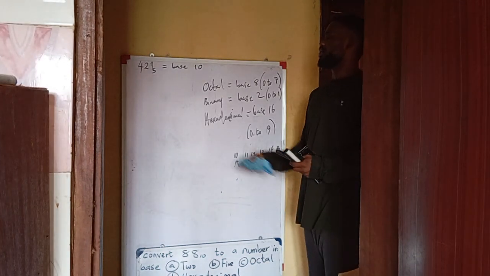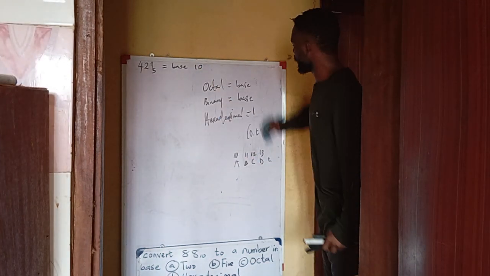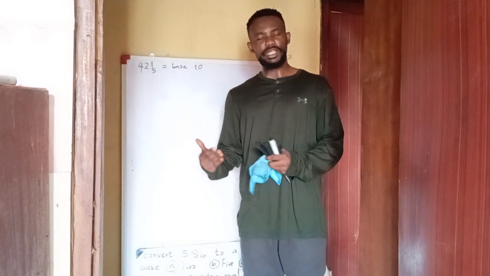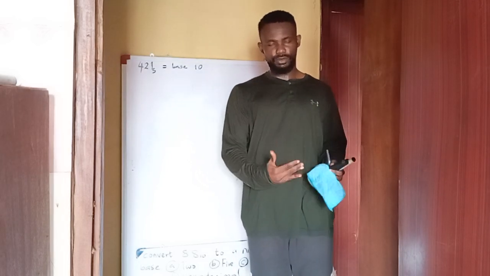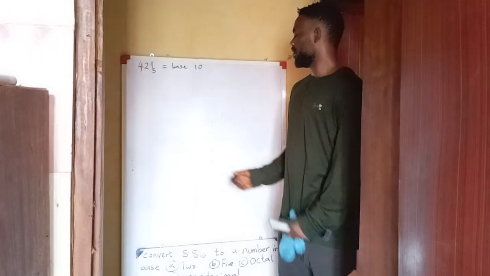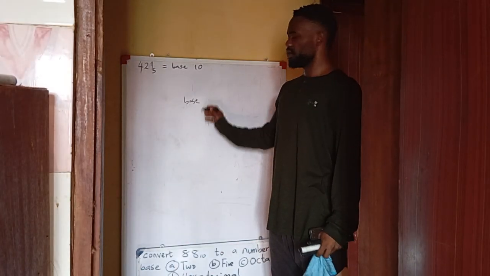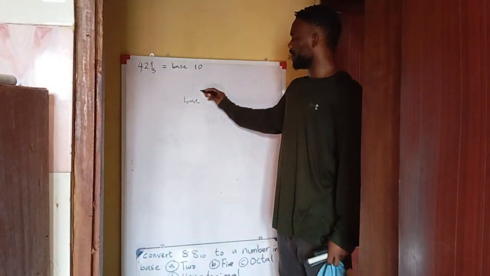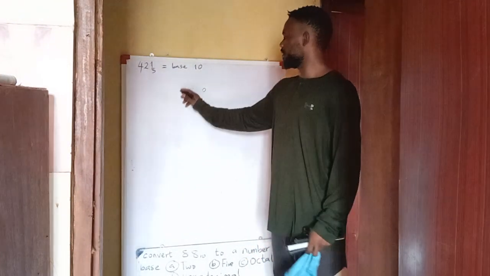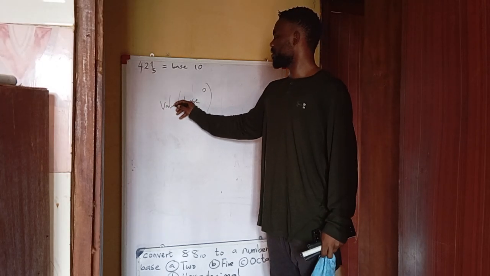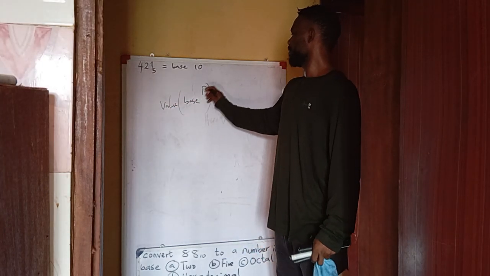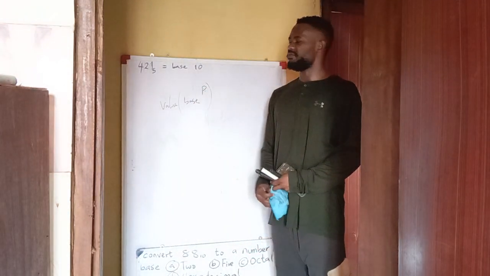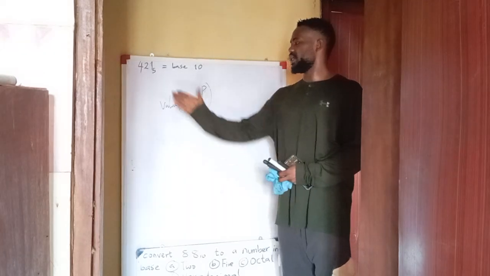If I know this, it simply means that anytime you are converting from any base at all to base 10, you raise the base to its power, then multiply by each value before it, then add up.